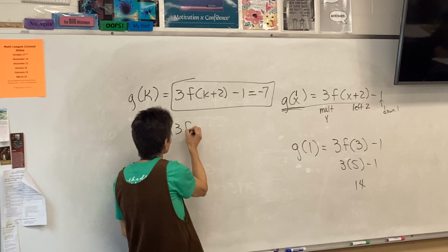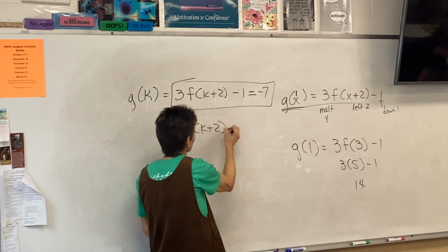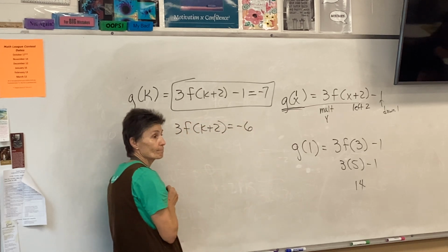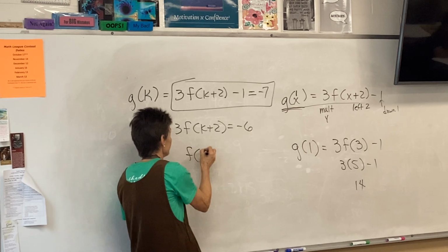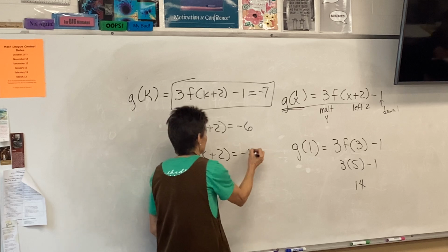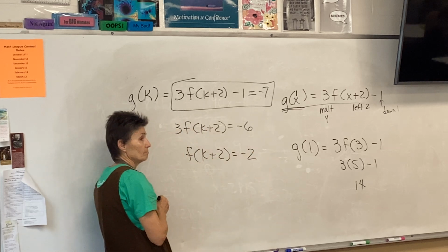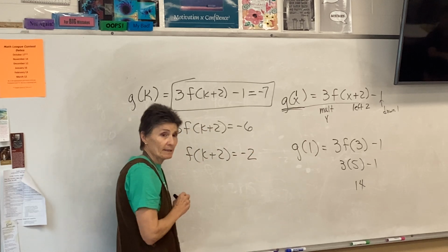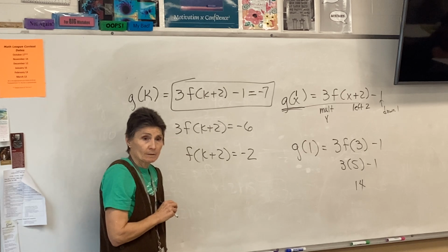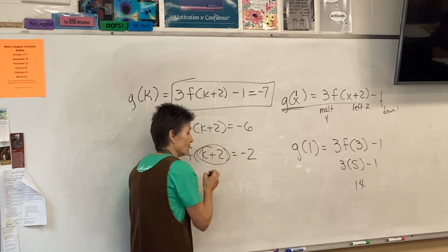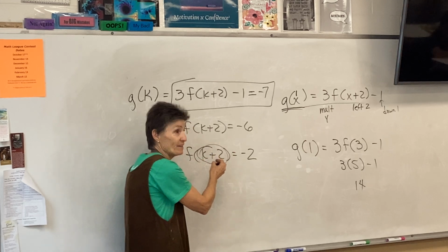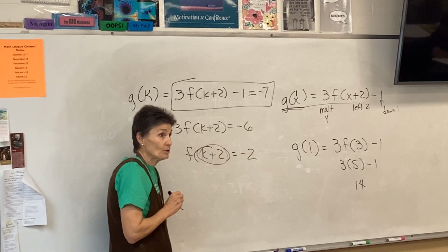So let's add 1, divide by 3. And now you have to get a little bit intuitive here. I don't know what this is, but f of it is supposed to be -2.